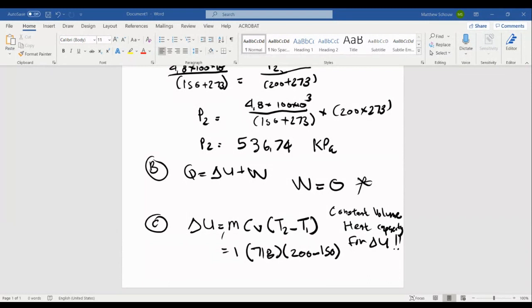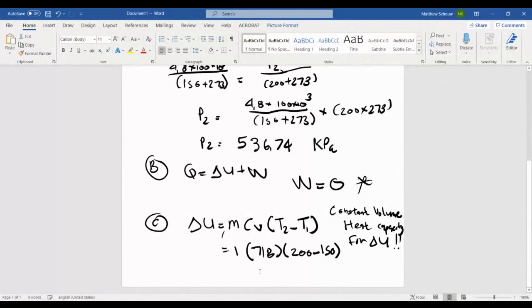What do we get over here? What do you guys get? 35.9 kilojoules, right? Not per kilogram, because we had 1 kilogram of air.